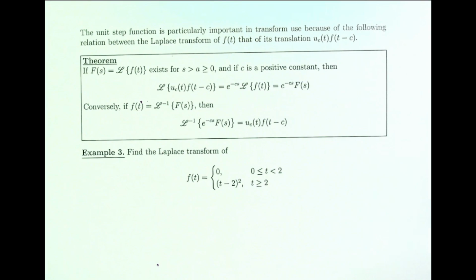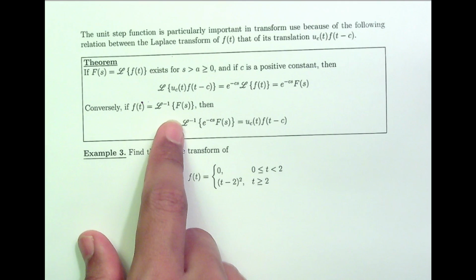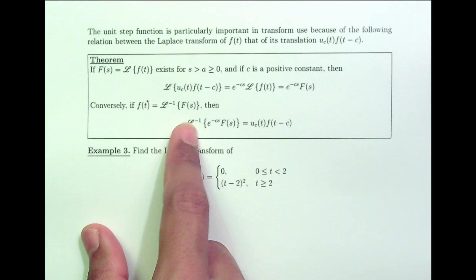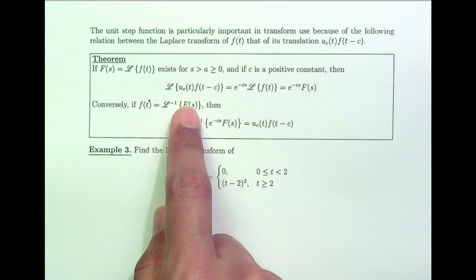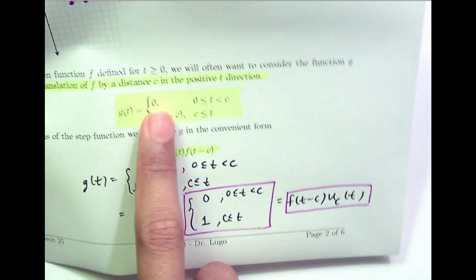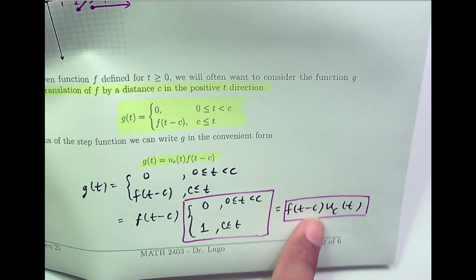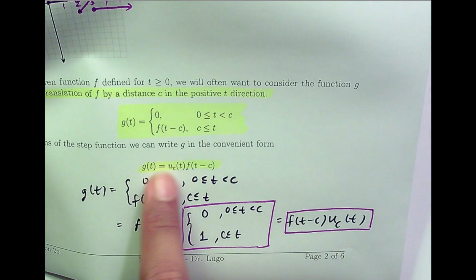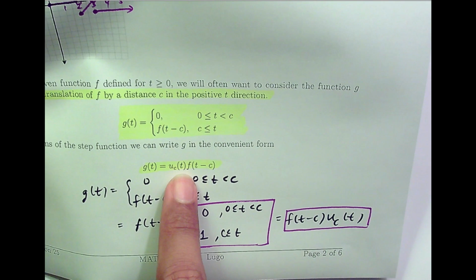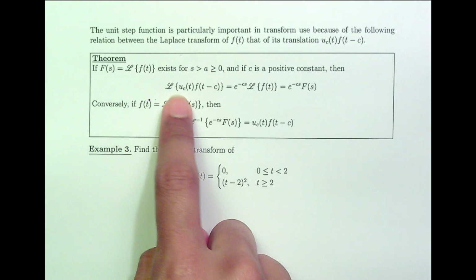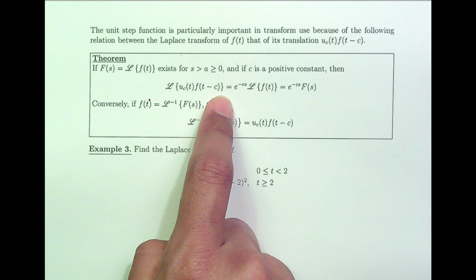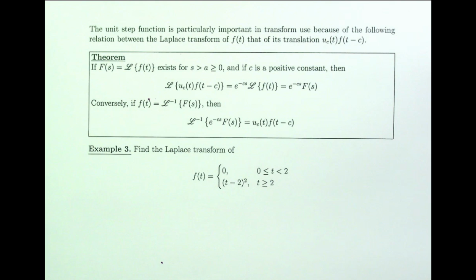Okay, so here's what the theorem says. Figuring out the Laplace transform of this is not hard. If you have a function like that, which you can write like this, or that, same thing, then the Laplace transform of that thing equals e to the minus cs times the Laplace transform of f.